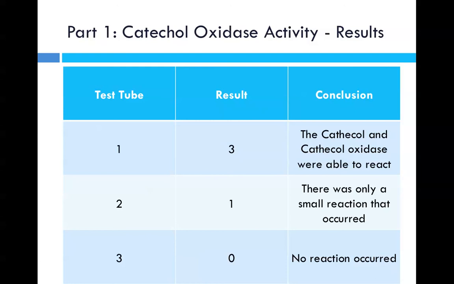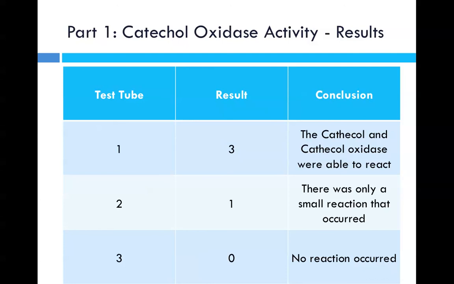Test tube 1 was our positive control, which contained both catechol and catechol oxidase, which means that there will indeed be a reaction, which results in a 3, which means that there is a defined color change, completely dark, really dark, clear brown. Test tube number 3 was our negative control, and this is when we were testing if there was no reaction, which indeed happened, because you can't have a reaction without catechol oxidase, which is the enzyme.